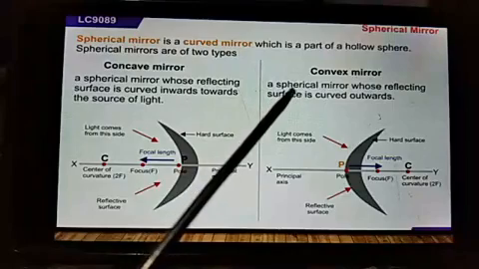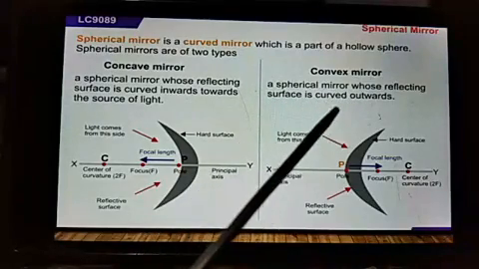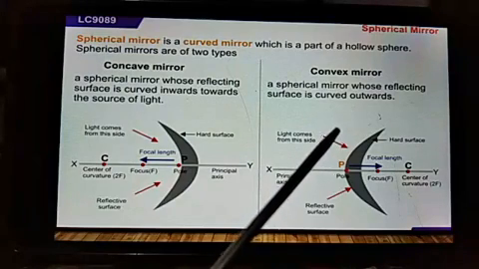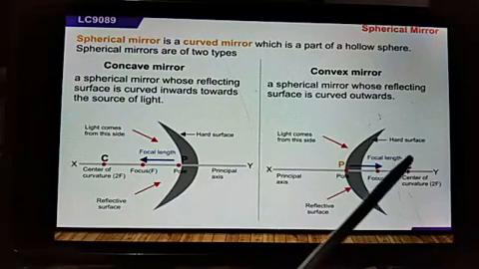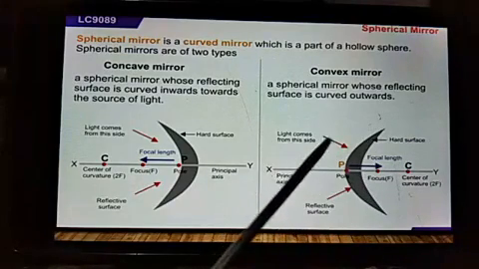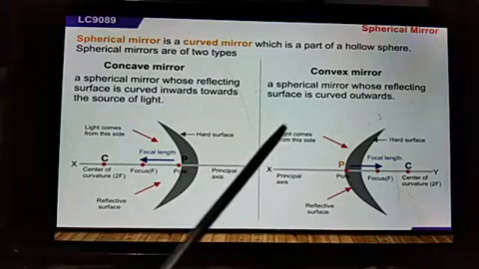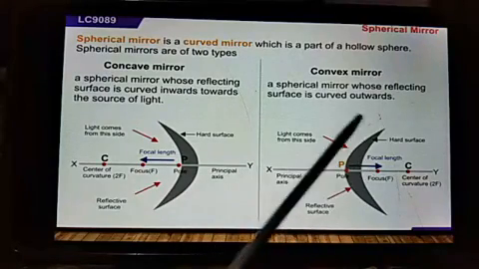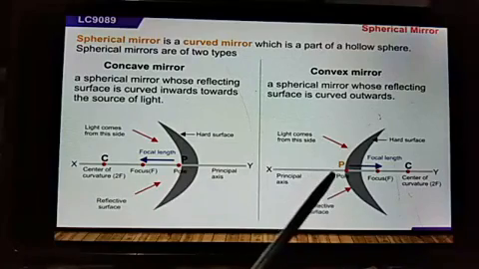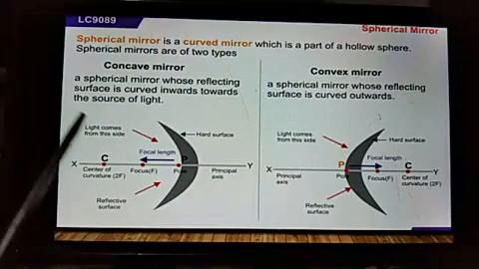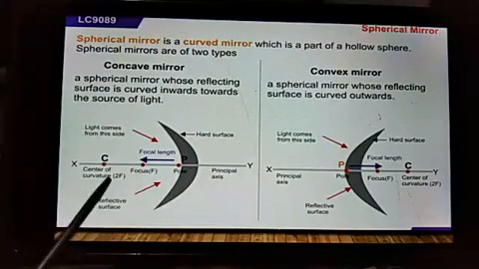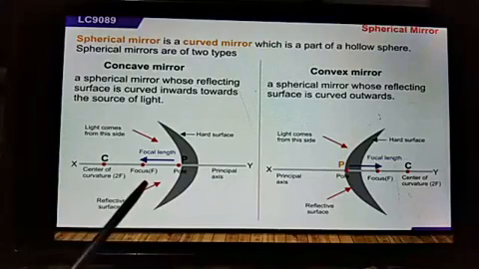Similarly, convex mirror, a spherical mirror whose reflecting surface is curved outside. Now, if this sphere is facing this side and the reflection takes place from this side, then this part, this is the bulging part, and this mirror is called the convex mirror. Understood?